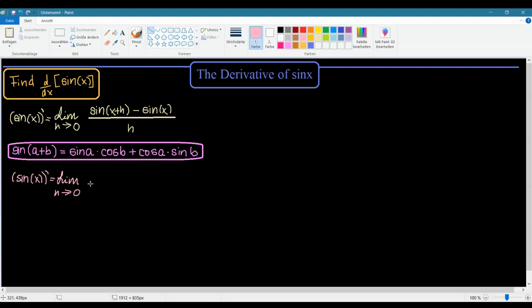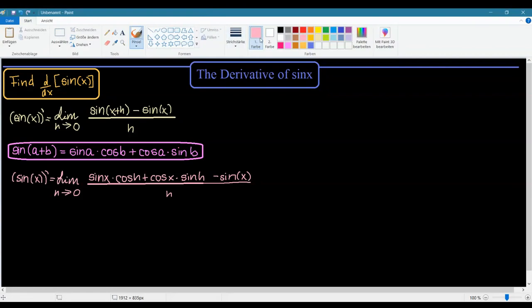So we're going to keep writing limit as h approaches 0 of sine a, which is going to be sine x, times cosine b, which is going to be cosine h, plus cosine x times sine h. Now, note that we still have that minus sine x from up here. Let's not forget that. And then all of that over h.